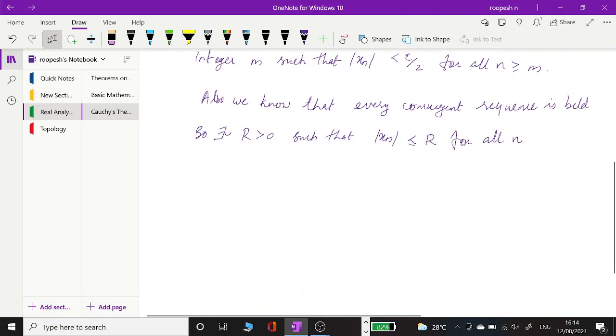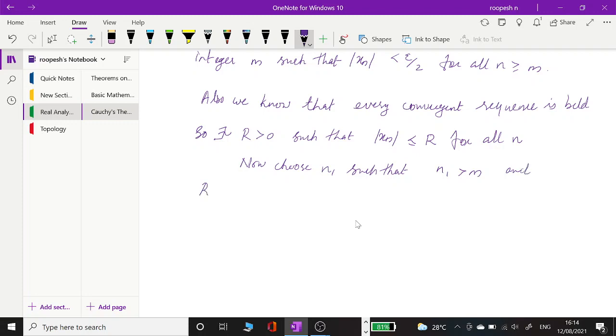Now choose n1 such that n1 is greater than m, and r by n1 is less than epsilon by 2m.